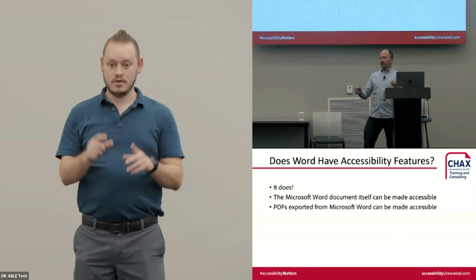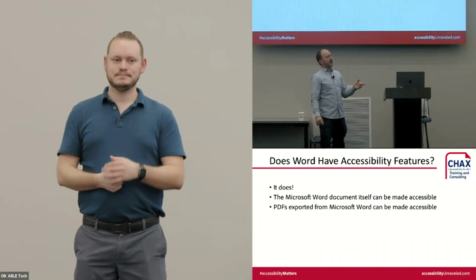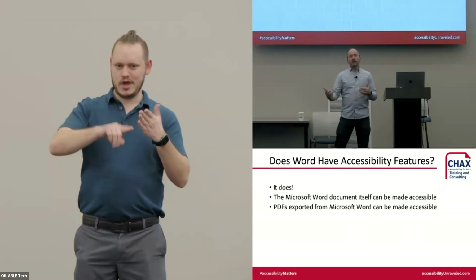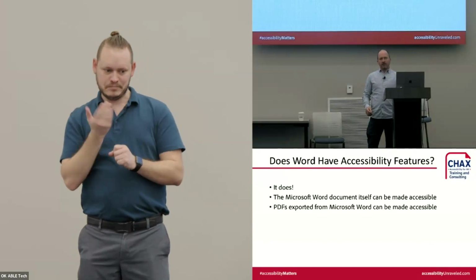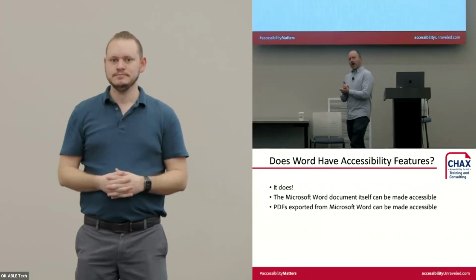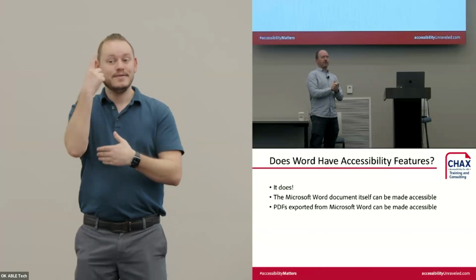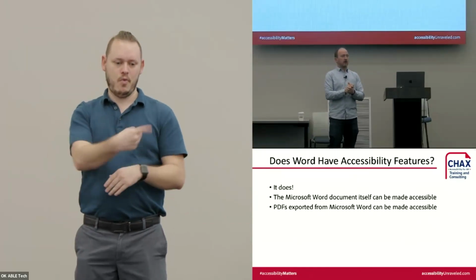Does Word have accessibility features? It does, right? As I'll show you a little bit later, Word actually has an accessibility checker built into it. And that's a really good tool that we can use to ensure that our content is accessible. The Word document itself can be made accessible. However, the PDF can be made more accessible than Word alone.